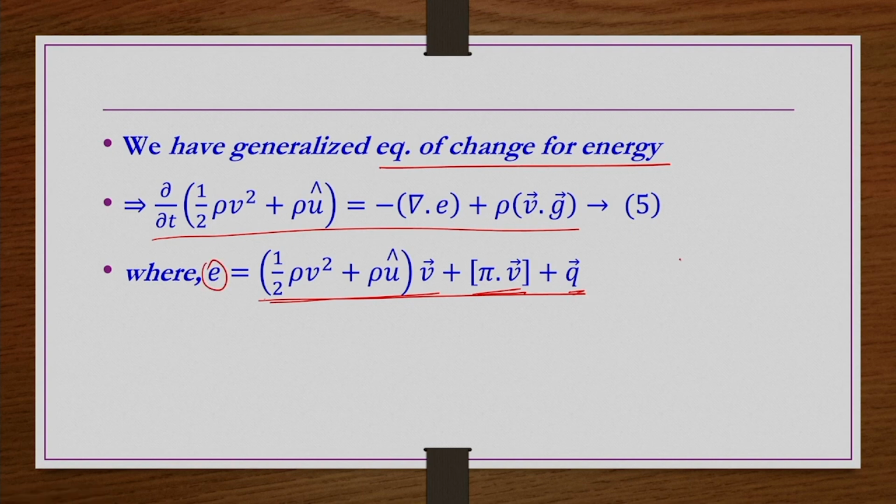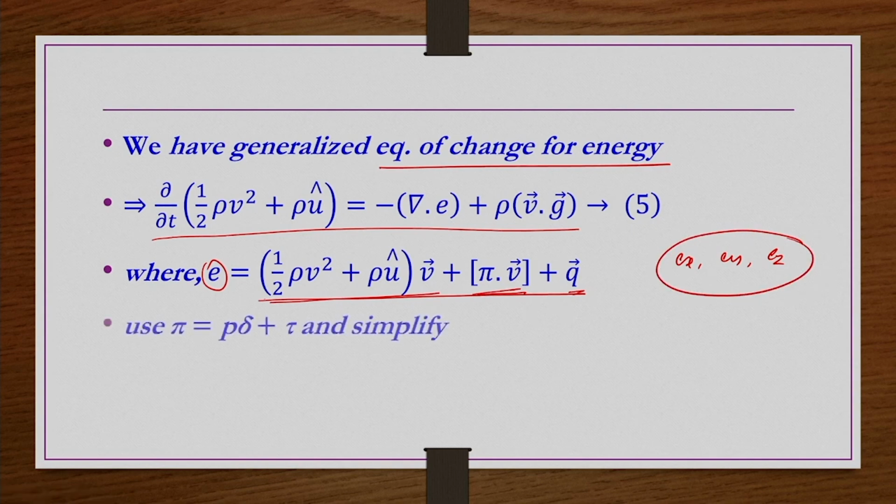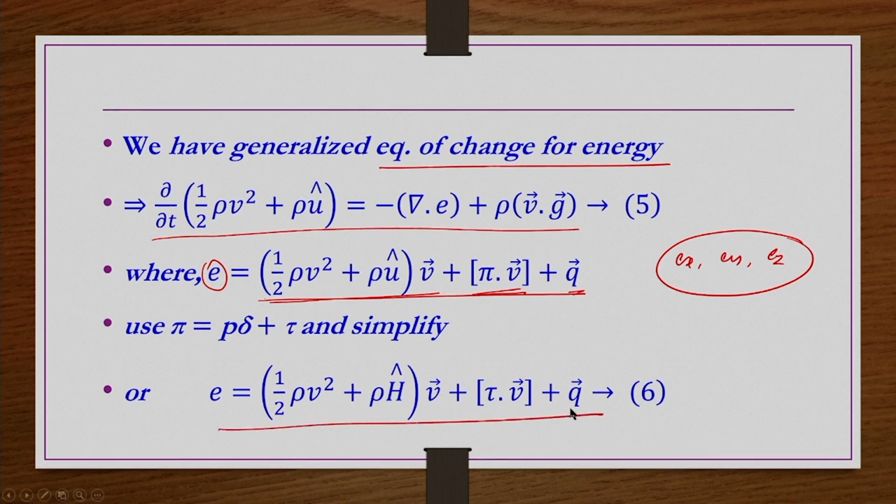It has Ex, Ey, Ez, 3 components. So, if you expand this, you get 9 such components. This phi we know as P delta plus tau, and finally we have also seen E is equal to half rho v square plus rho h tilde v plus tau dot v plus q. This is what we had seen.